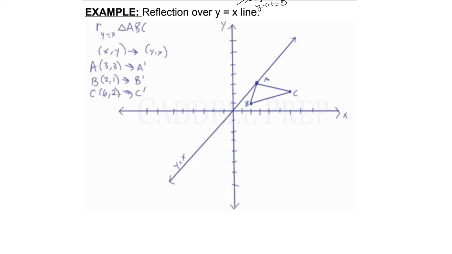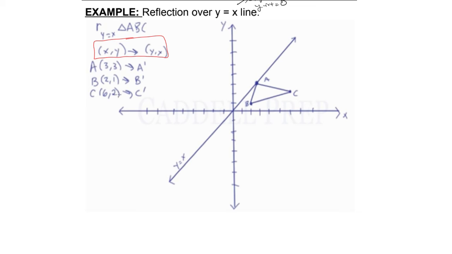We have a certain formula to find this. When we reflect over the y equals x line, we flip our x and y's. Our y becomes our x value and our x becomes our y value.